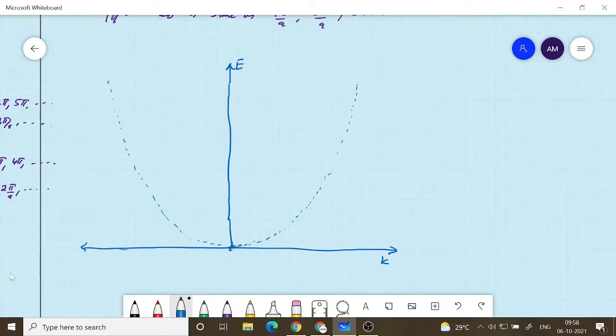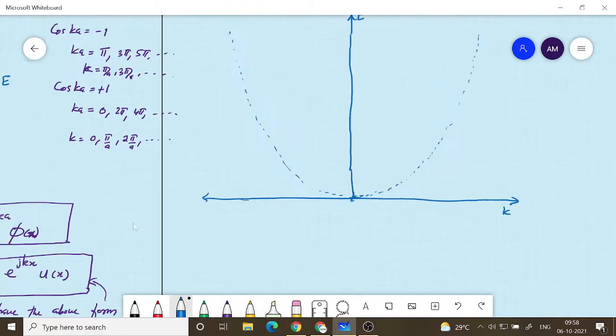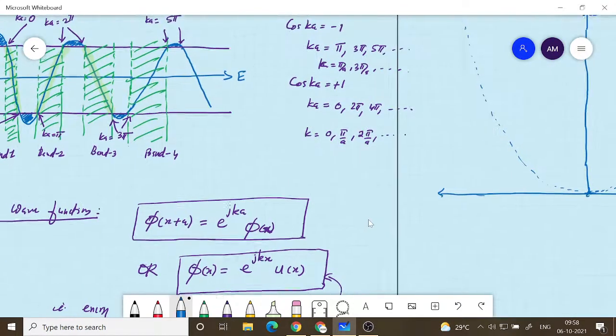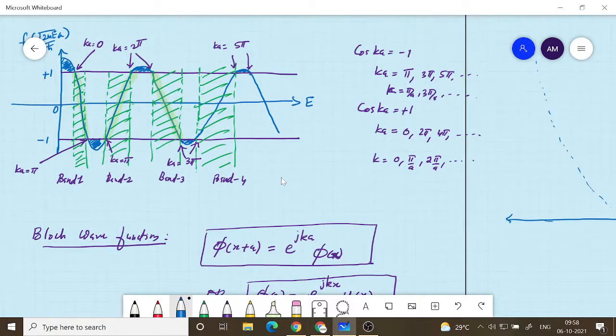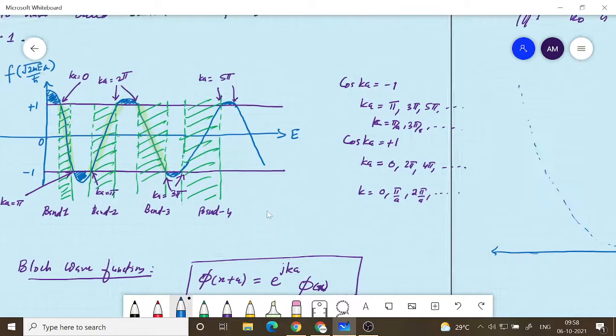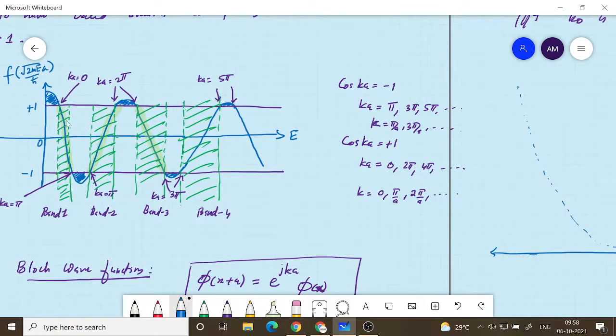What we saw earlier is that at energy E equal to 0, we had a solution for free particle, but now when you introduce the impulse functions or the delta functions periodically, then the minimum energy, corresponding to kx equal to 0, is now shifted to a higher energy.